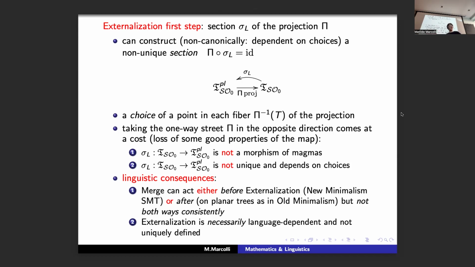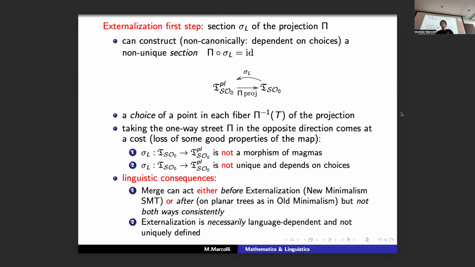And once you externalize, you're not trying to do the merge operation again, because you can no longer do it compatibly. The older formulation of minimalism had all the structure formation happening after externalization. And that required all this kind of domain checking and so on, which I'll talk about more later. I'll talk more about the explicit comparison between the two models. But we see that somehow you cannot have it both ways. You can have it on one side or the other, but this is not a morphism of magma, so you cannot make it happen simultaneously and compatibly on both sides of the externalization.